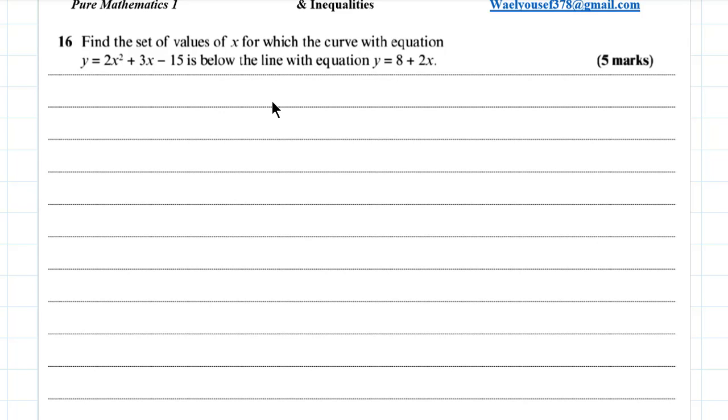Okay, so the y of the curve should be below the y of the line, which means that 2x squared plus 3x minus 15 should be less than 8 plus 2x. After rearranging, we can write 2x squared plus 3x minus 2x, just 1x, minus 15 minus 8, minus 23, less than 0.